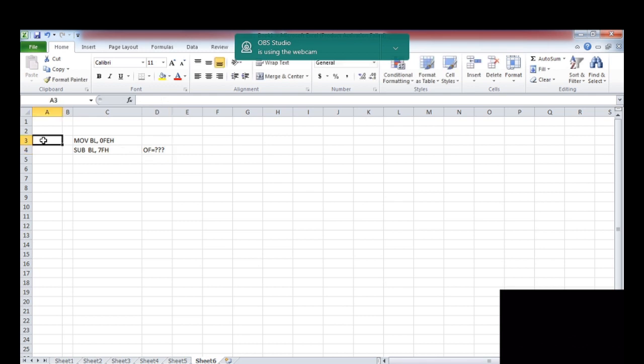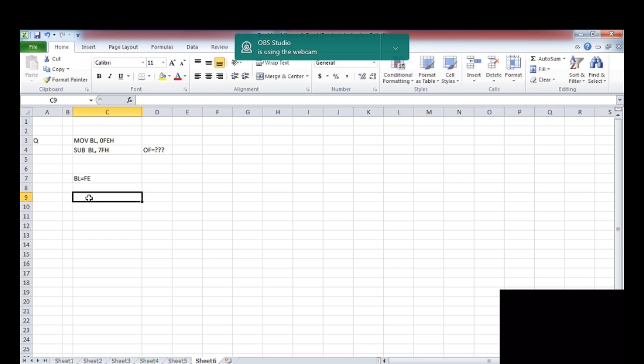Now let us see the question. MOV BL, 0FEH, then SUB BL, 7F. So BL equals the hexadecimal value FE.